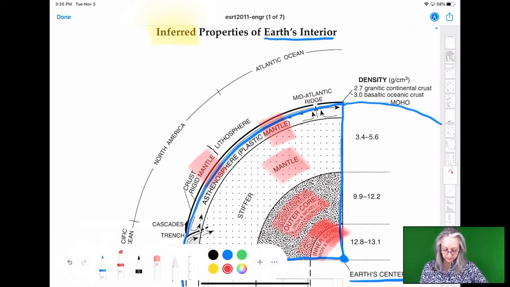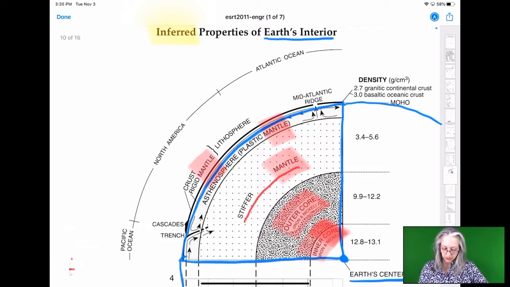But you can see that we've got the stiffer mantle, the plastic mantle, and the rigid mantle. The rigid mantle is what it sounds like. It's rigid, it's rock-like. And when you pair that with the crust, those 2 pieces make up the lithosphere. So it's all right here. It tells you exactly what the lithosphere is.